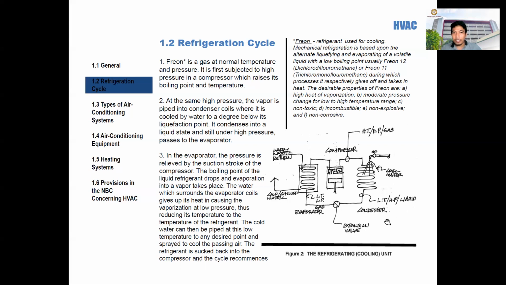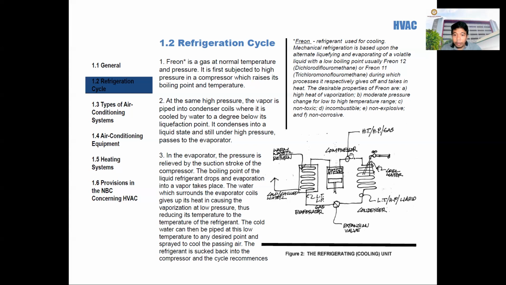So this is the diagram of the refrigeration cycle. First you have the cold water and then it passes to the compressor or the condenser. And then you have the expansion valve for the gas evaporators.